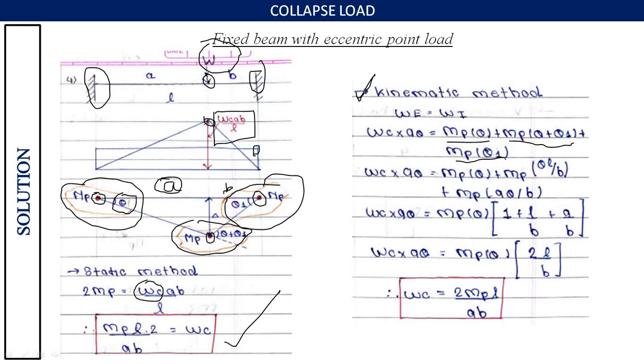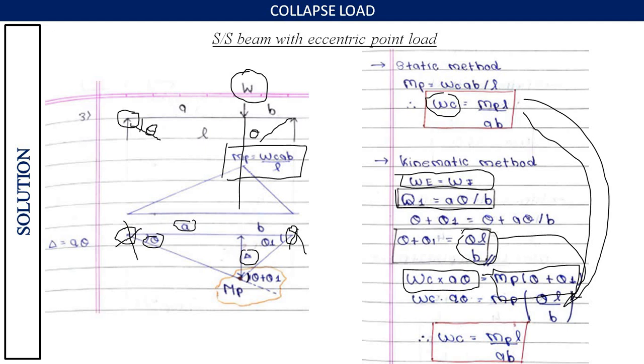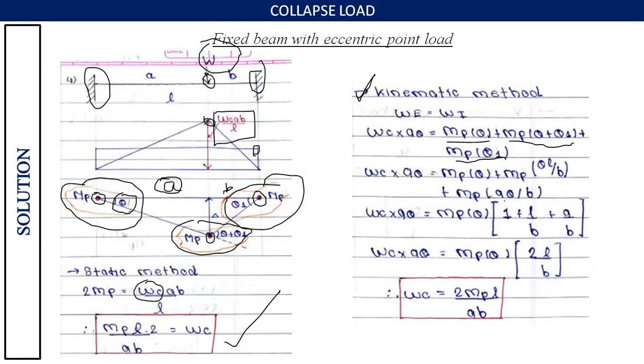Now placing the value of theta 1, actually we have calculated the value over here, so I have taken this value directly, theta L by b. So putting the value of theta plus theta 1 as theta L by b and solving this, we will find the Wc or collapse load for the fixed beam with an eccentric point load as 2 Mp by L.